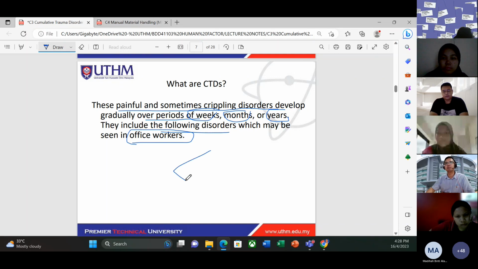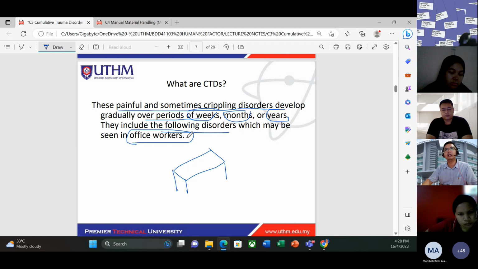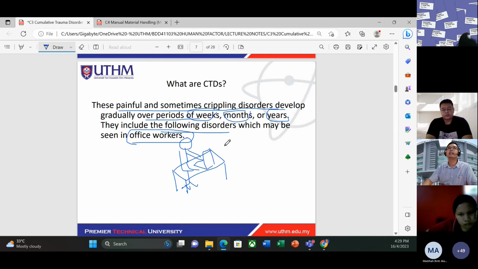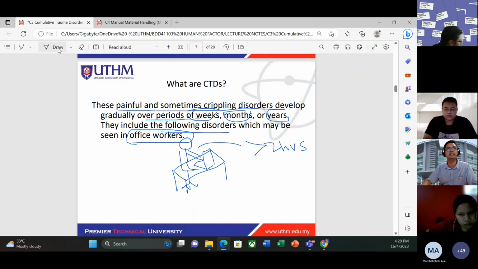For example, if you are performing prolonged sitting at work, sitting in a chair with a computer or laptop in front of you, for prolonged periods, might be more than 2 hours total per day, it can cause some injuries. What type of injuries?